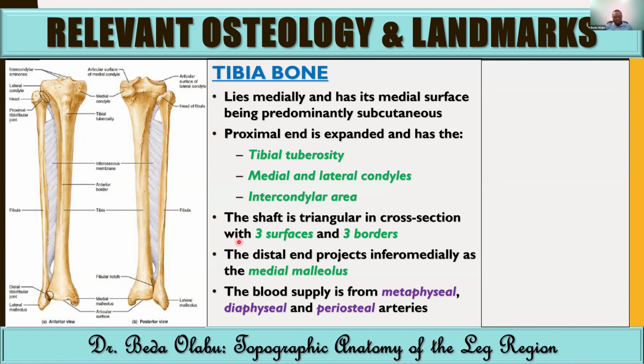And then we have the periosteal arteries. The periosteal arteries are arteries that enter the bone through the periosteum. And this is related to muscle attachments to the bone. So basically, the vessels that supply the muscle will also sleeve through the periosteum and supply the bone.